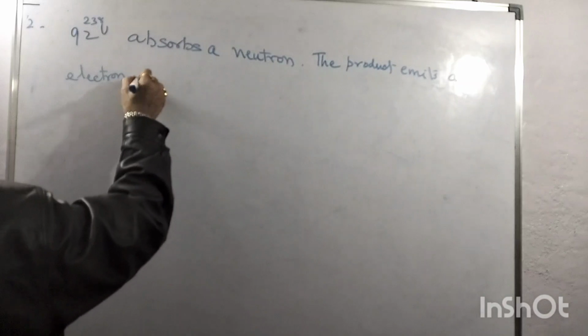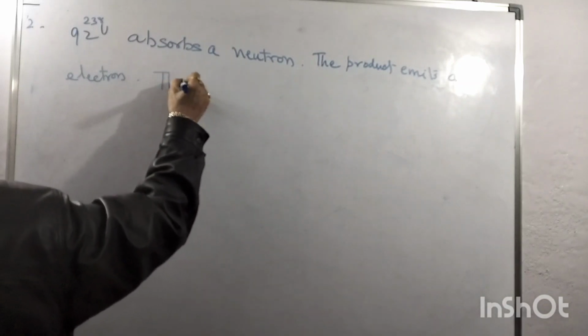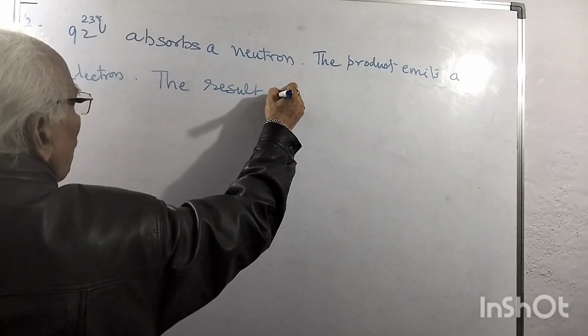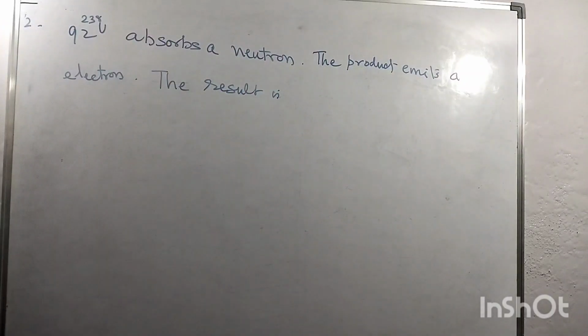The result is, what do you get when this emits an electron? So this is beta decay.